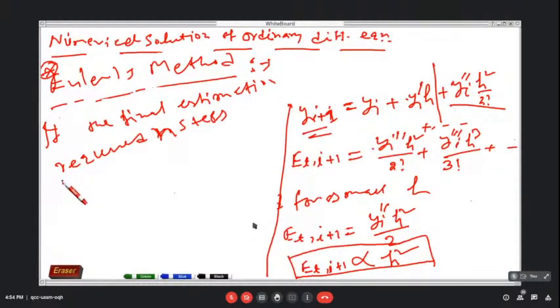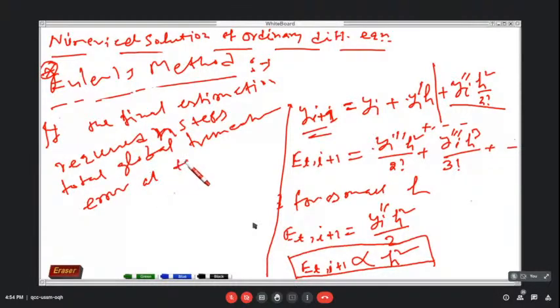So total or global truncation error at the target point x is equal to b.